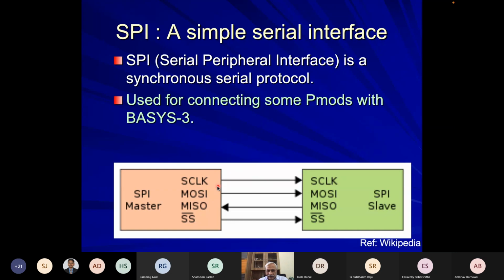So it has a clock signal going from master to slave, and there are two data lines. MOSI means master out, slave in, and MISO means master in, slave out. And another signal called slave select is SS. The bar over this indicates that a 0 will be output on this to select the slave.